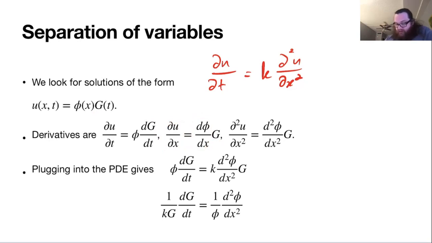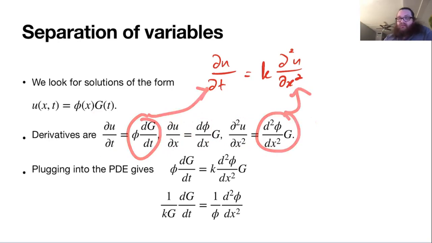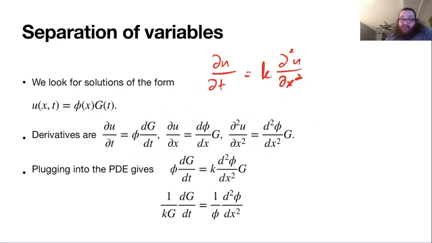And if we take another x derivative, it again only affects phi and not g. These are the derivatives of u with respect to x and t, written out in terms of phi and g. Now we can plug these pieces in for those derivatives in the original PDE, and this is what we end up with.